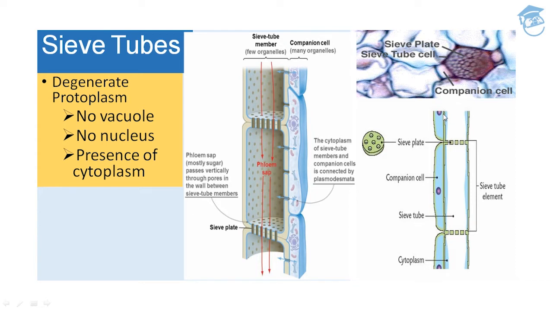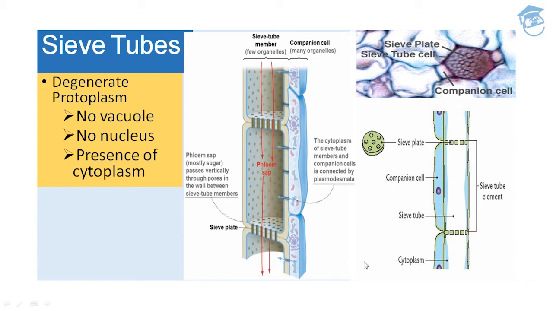See, this is sieve tube, this is companion cell, which has a prominent nucleus. This is sieve plate, which has perforation and which allows the movement of sugar molecules, also called phloem sap, vertically through pores in the wall between sieve tube members.